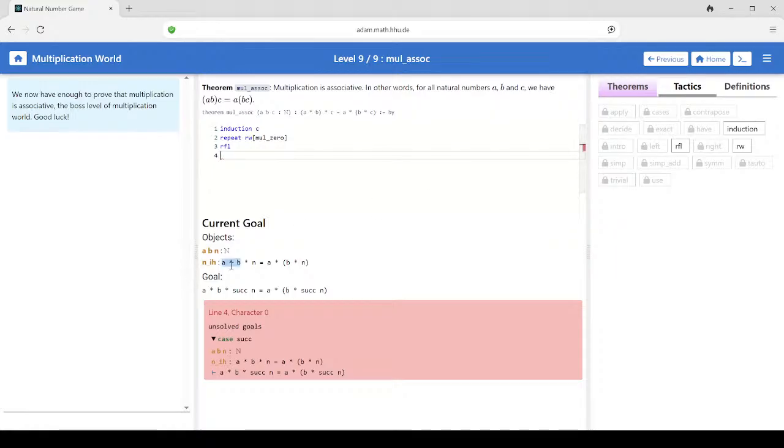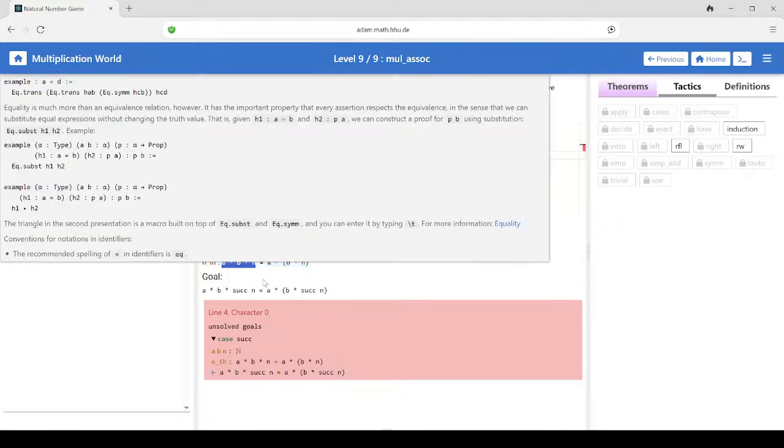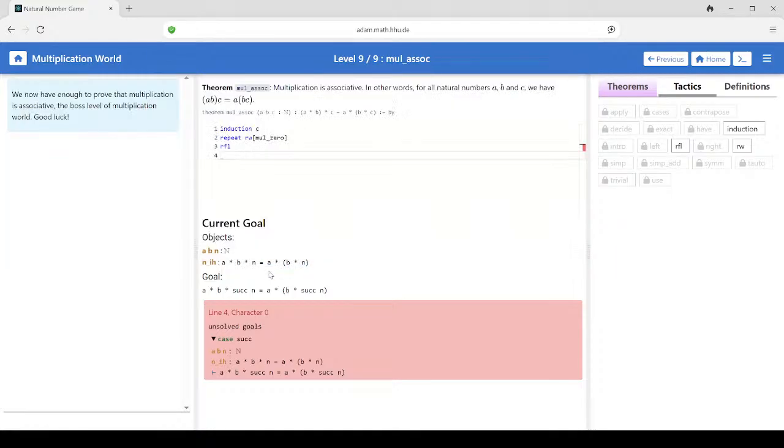Oh wait, let's look at our induction hypothesis. A times B times n can be turned into A times B times n. It's like last time, we have the successor n, and we want to get rid of it. Now, how did I do that?